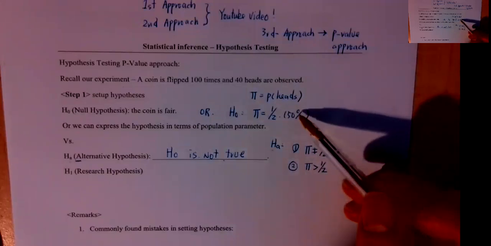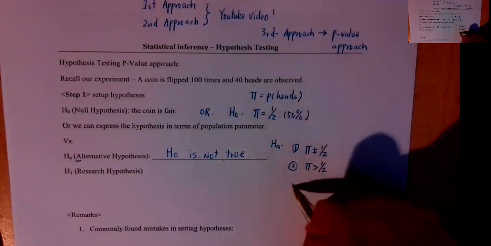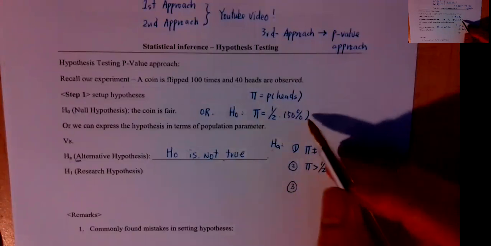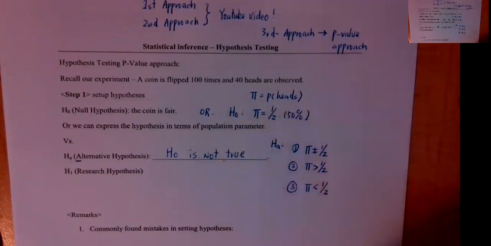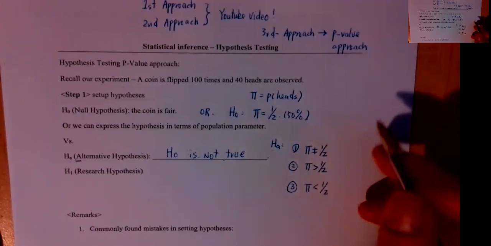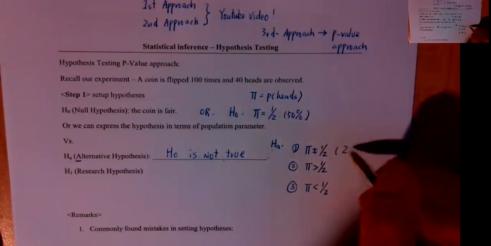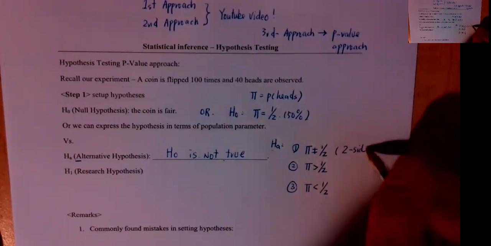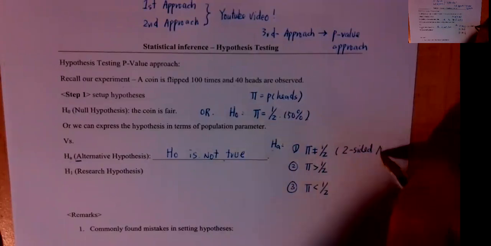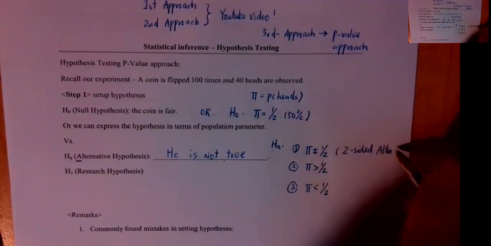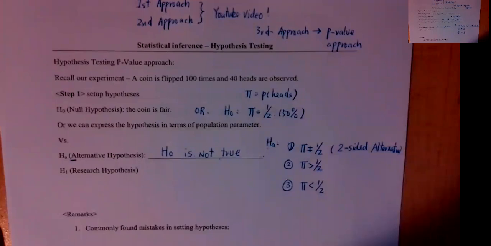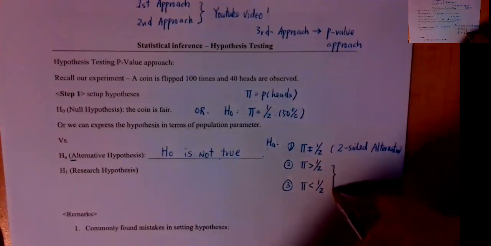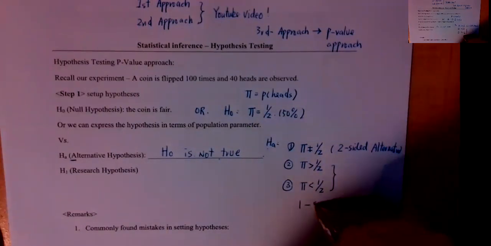Or you say this is not true because pi is less than 50%. When you choose not equal, we call this a 2-sided alternative. And these ones, just a 1-sided alternative.